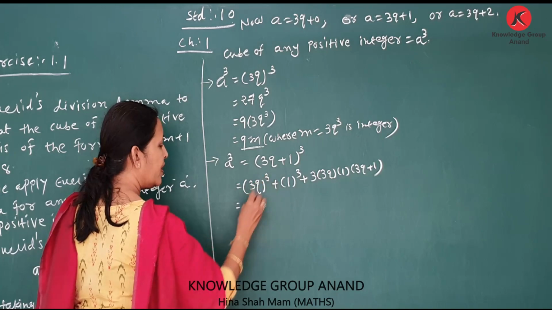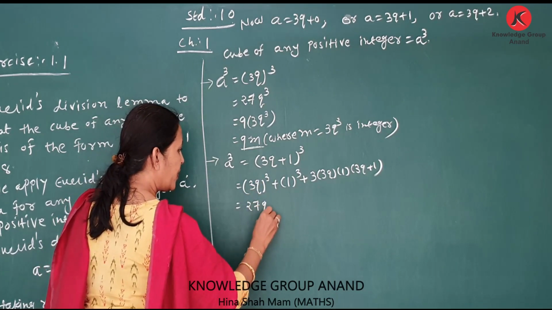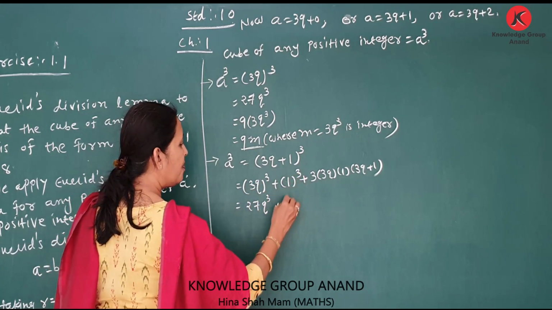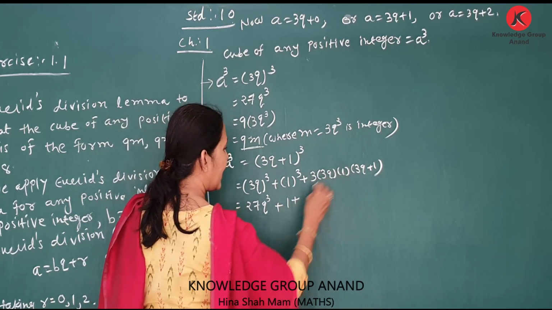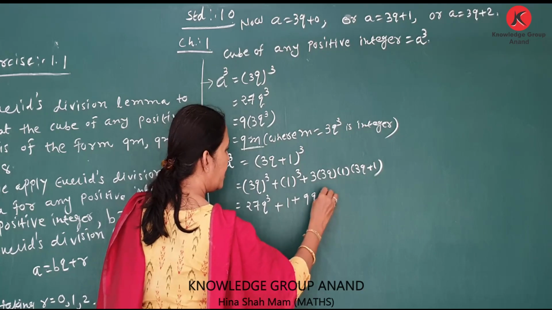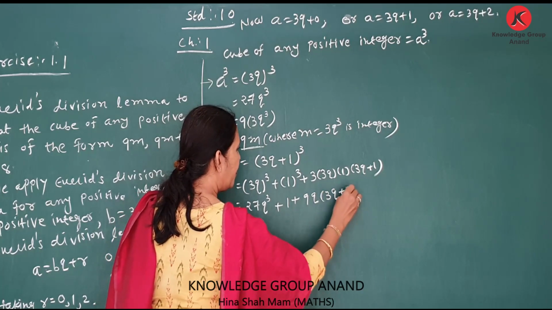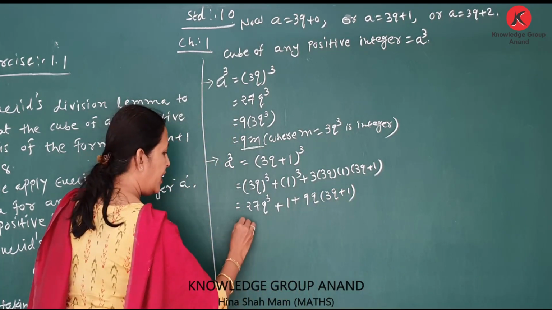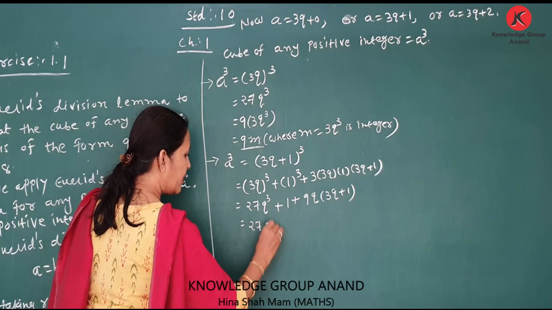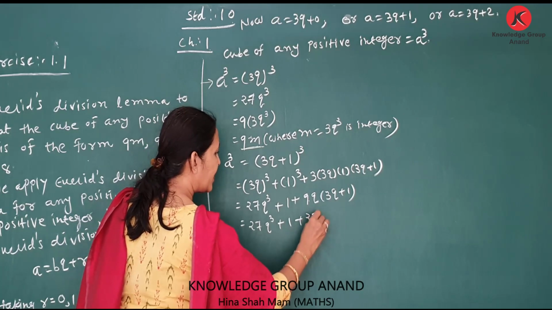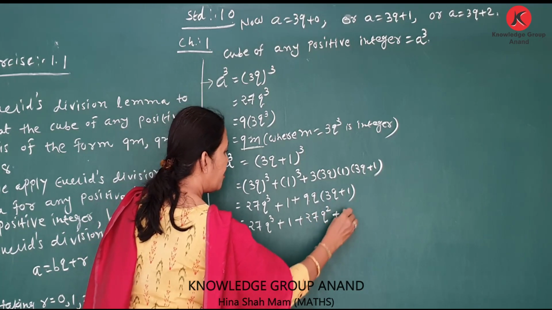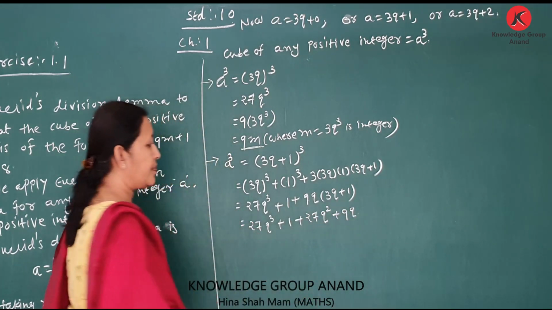So (3q plus 1) cube is equal to 27 q cube plus 1 plus 9 3s are 27 q square plus 9q.